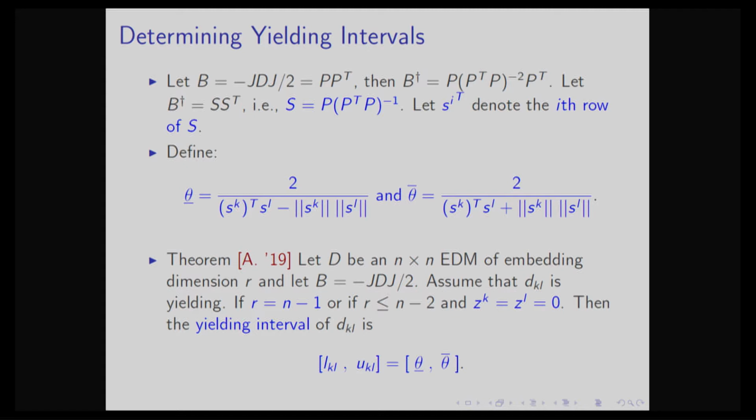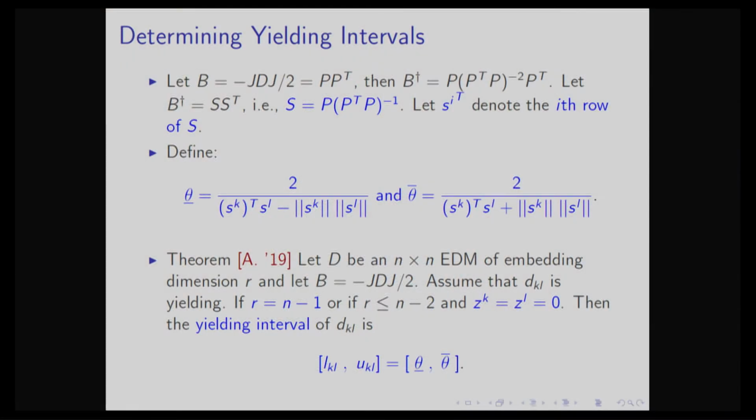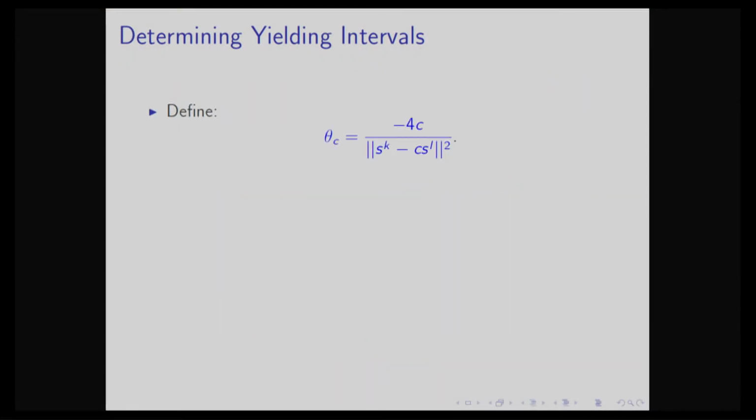So this is a closed form solution. Of course, you can solve this using semi-definite programming, but here is a closed form solution for that, and it's given in terms of this S. Now, if you want to find this explicitly, you don't need to factorize B dagger. All you have to do is look at the entries of B dagger. This covers the second case.